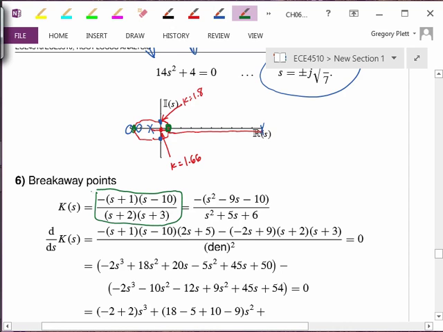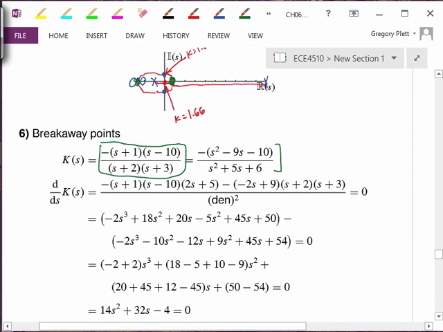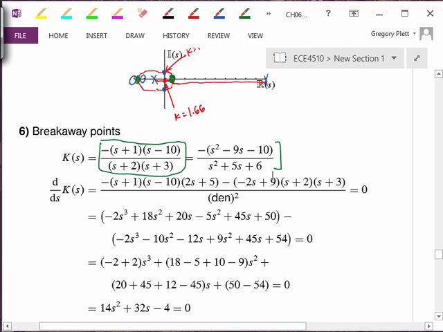And I can multiply the terms out. That's going to make it maybe easier to do the actual derivative. But there we have it multiplied out. Doing the derivative of a quotient is always a little bit tedious, but the derivative of a quotient is the numerator times the derivative of the denominator.